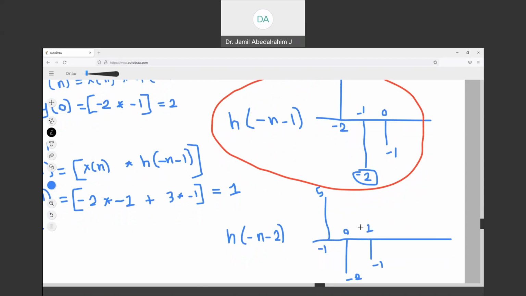As I said, we don't need to change the value, the amplitude. We change only the places.